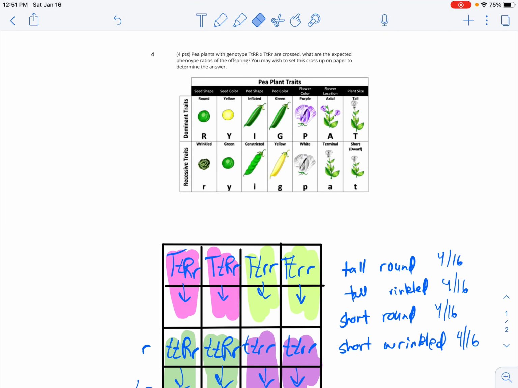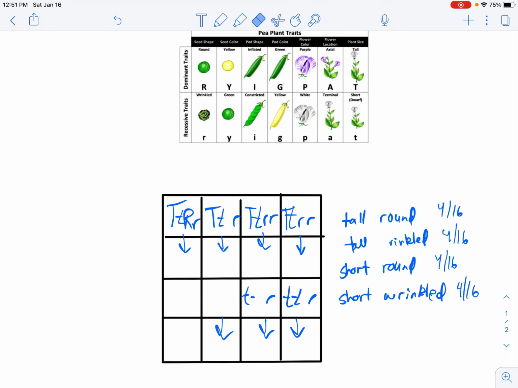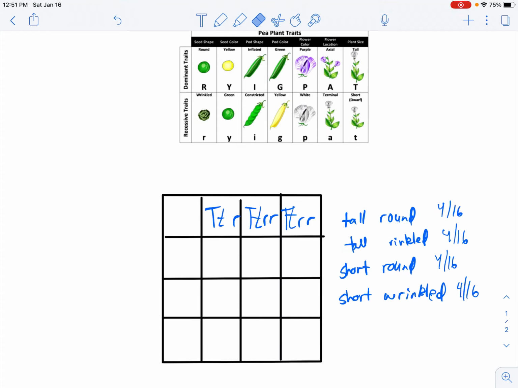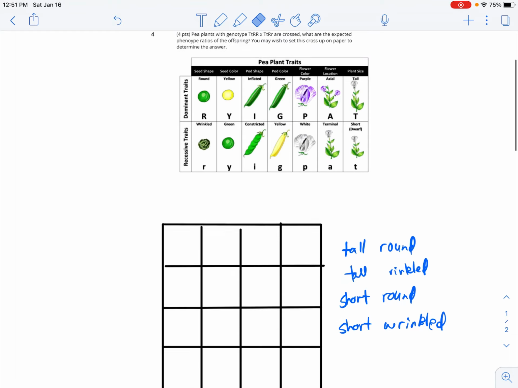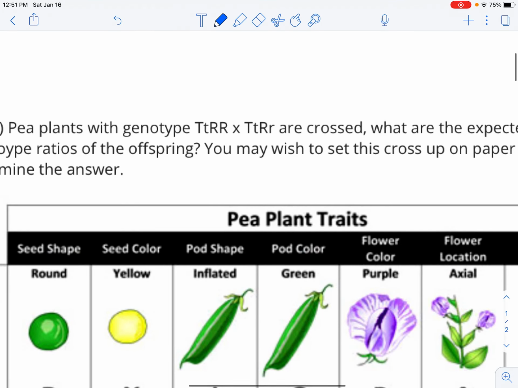And finally, question number 4 here. Clear out the space again. Okay. Question 4, pea plants with the genotype here.